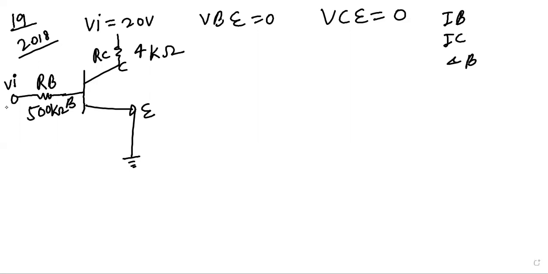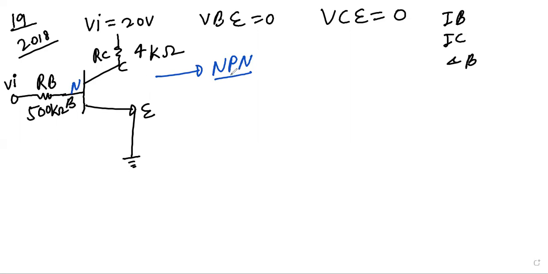So let's see. The transistor is NPN, right? So your transistor is an NPN transistor, NPN is the type of the transistor.